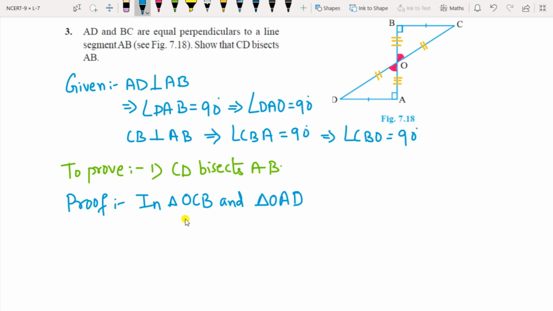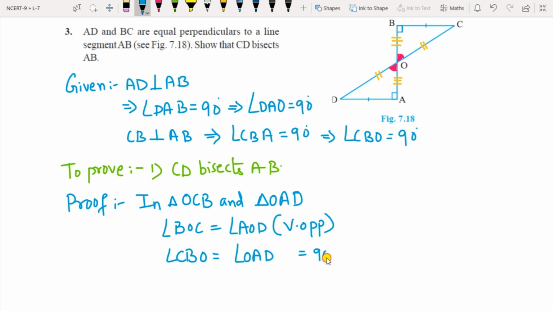So here we will write angle BOC is equal to angle AOD, that is vertically opposite. Then comes angle CBO equal to angle OAD, that is 90 here. Okay, these are two angles, and then a side here. The side is BC equal to AD, that is given.